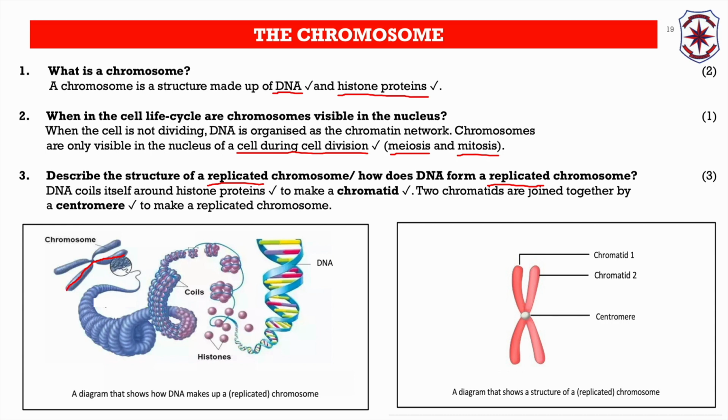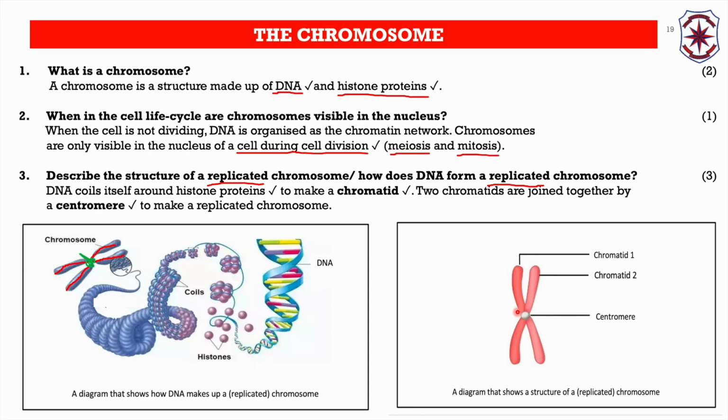And if we have two chromatids, as you can see over there, that are joined together by a structure called the centromere, there would be a centromere that will form a replicated chromosome. So a replicated chromosome essentially is a chromosome with two chromatids, chromatid 1 and chromatid 2, that are joined together by a centromere. All right?